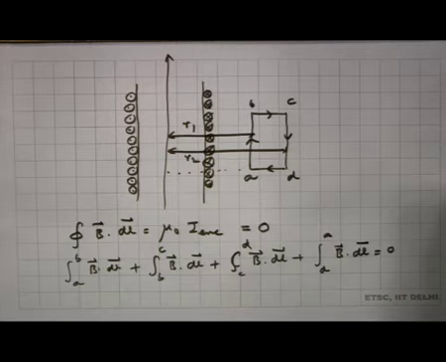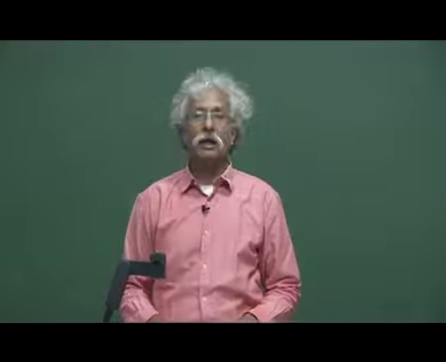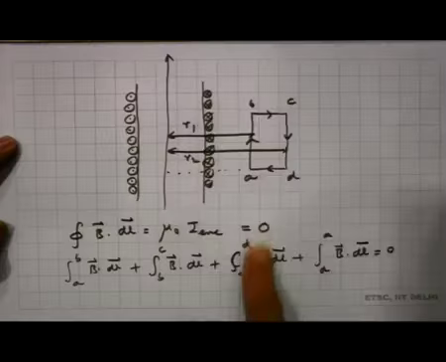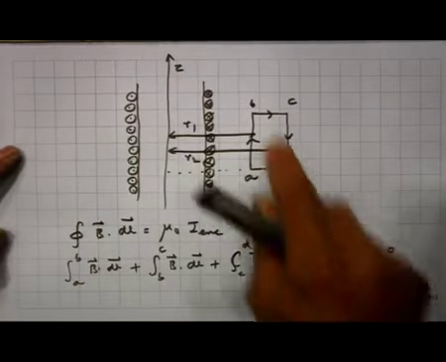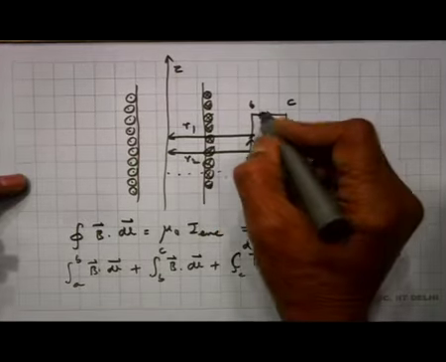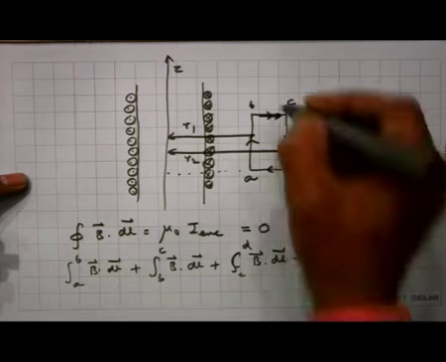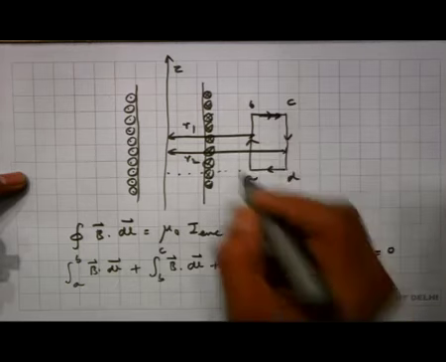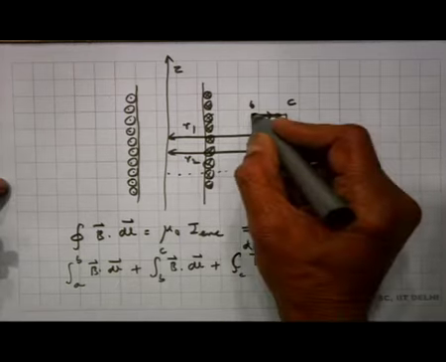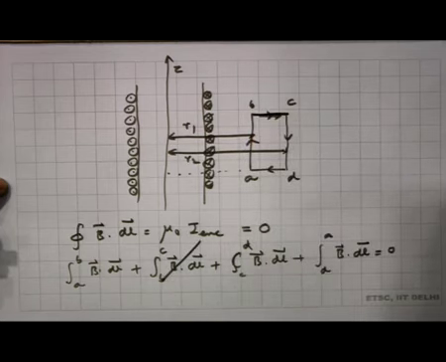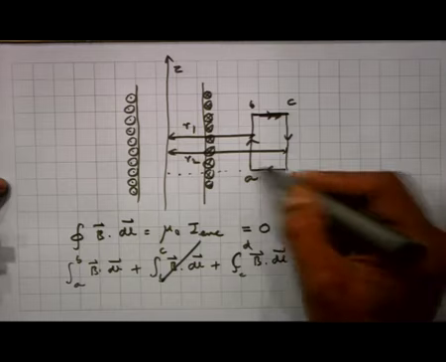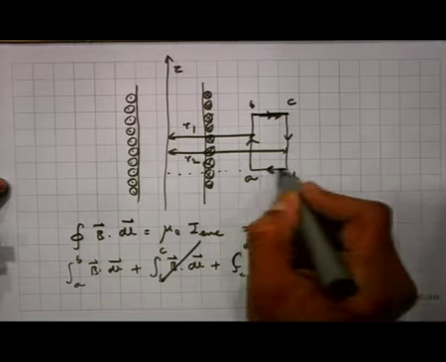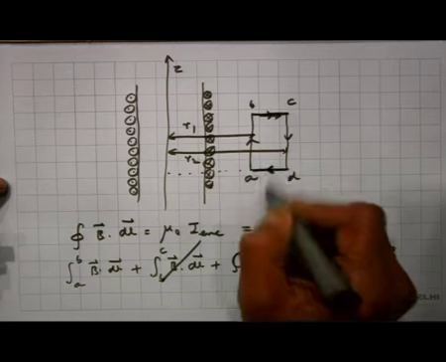Now, as we have already seen that B can only have a z component, that is a component along this direction, this is my z axis here. So, if you look at the path BC, dl vector is like this, B vector is perpendicular to BC. So, B dot dl must be 0 along this path. Similarly, in the path D to A, the dl element is along this direction and B vector is perpendicular to this direction.